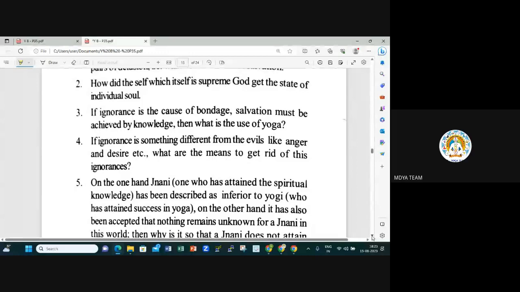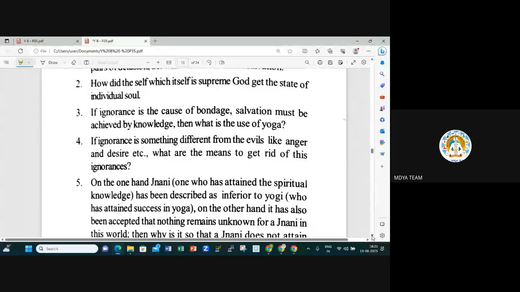Yes, the kleshas. So anger and desire are called evils. Then what are the means to get rid of this ignorance? Means how will we get free from it? So simply we can say: how will one be free from anger and desire?